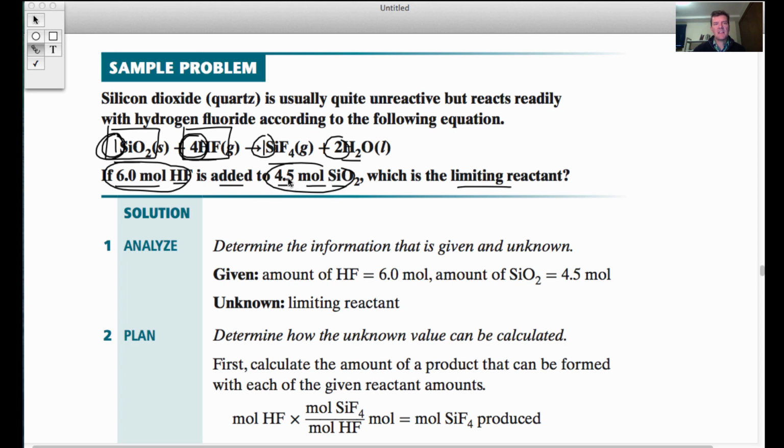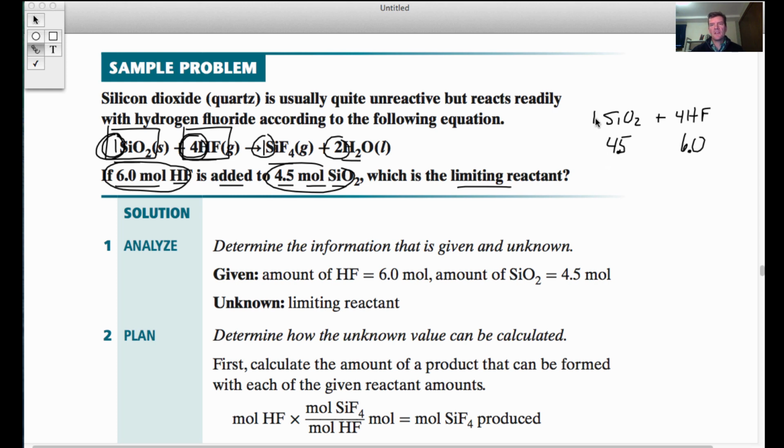Here's my silicon oxide, 4.5, SiO2, and HF. They are in a 1 to 4 ratio. But I don't just have 1 and 4. I don't have an ideal situation here. I don't have ideal amounts. I have 6 and 4.5.